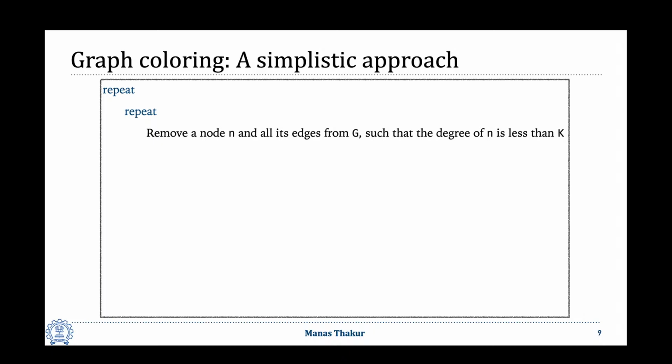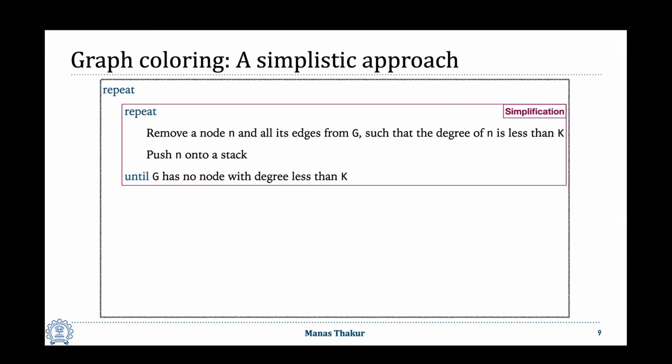So what a typical graph coloring approach does is, you have the interference graph, and you remove a node and all its edges from that graph. For all variable nodes whose degree is greater than the number of registers that you have, let's say you remove all those nodes from the graph. Why do you think that would be useful?